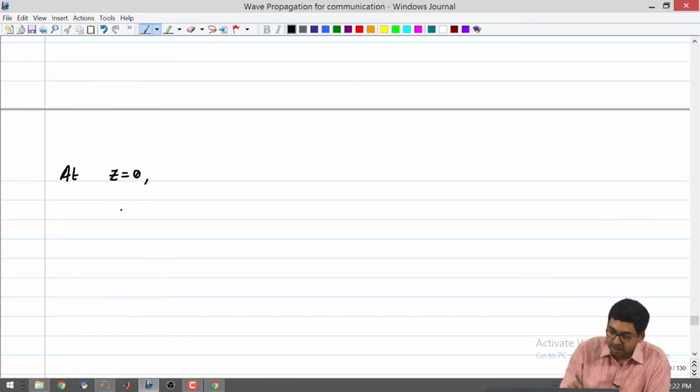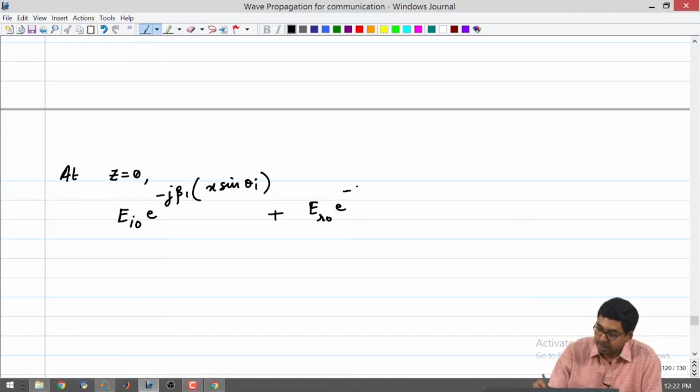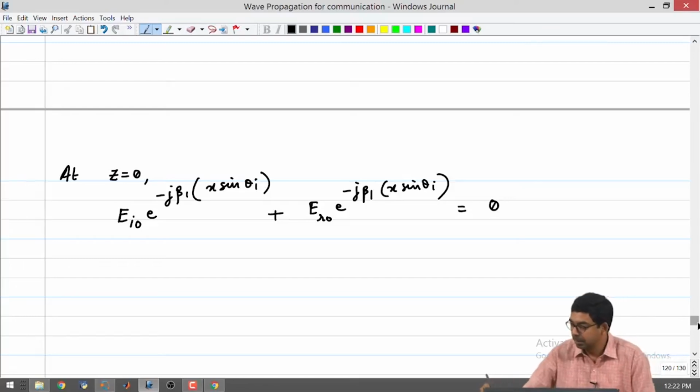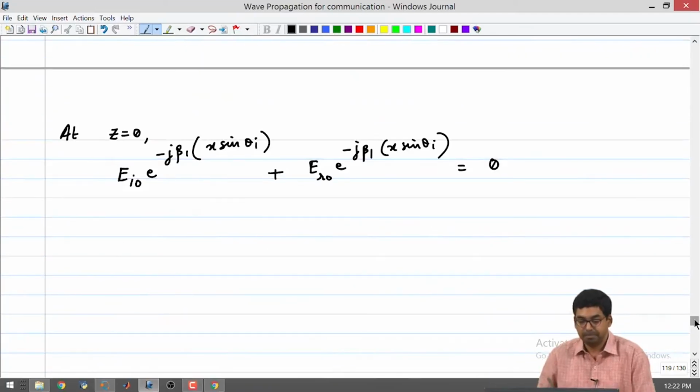So, I am going to say that at z equal to 0, I have EI naught e to the minus j beta 1 x sin theta I, plus ER naught e to the minus j beta 1, once again it will be x sin theta I, because I just substituted z equal to 0.